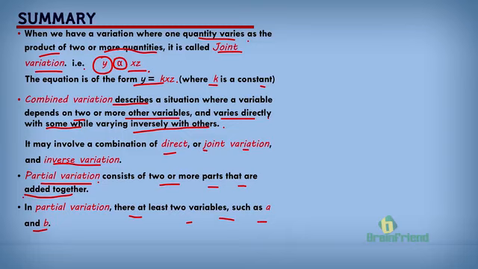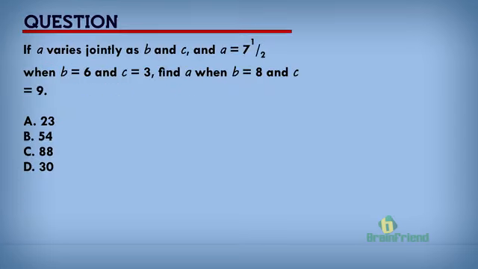But before we go, we'll quickly take two quick questions just to see if we remember all that we learned today. Question 1. If A varies jointly as B and C, and A is 7.5 when B is 6 and C is 3, find A when B is 8 and C is 9. From your question, we can quickly read that this is a joint variation question.